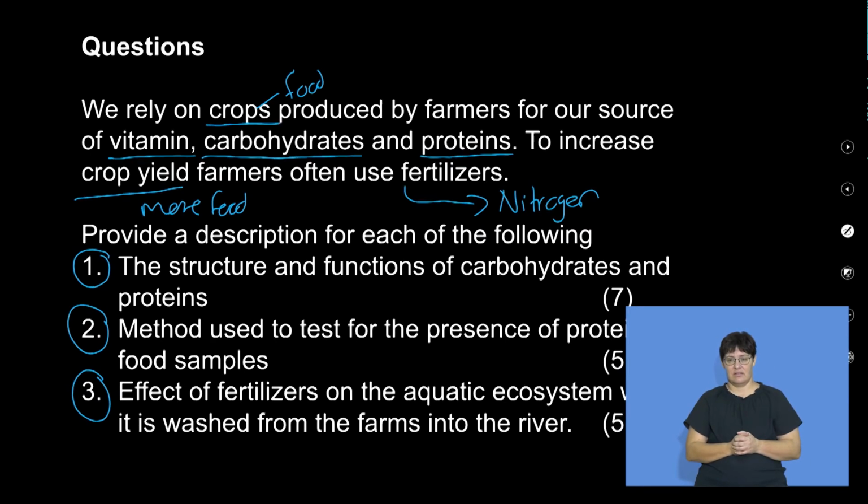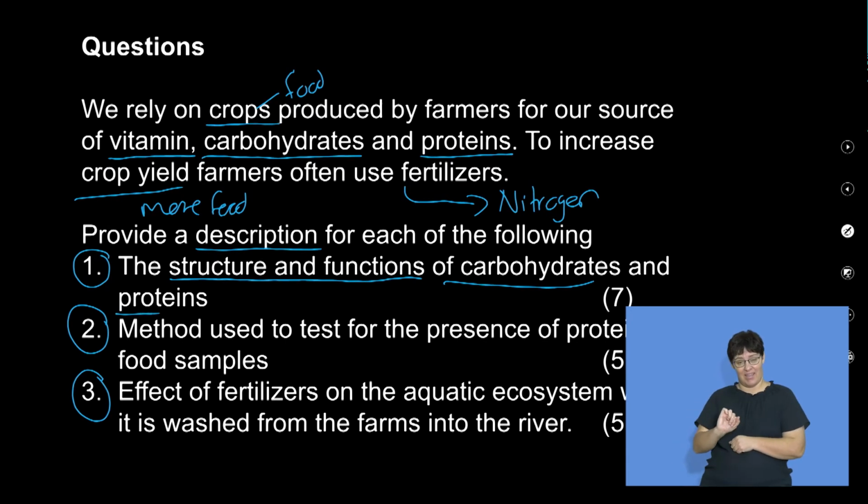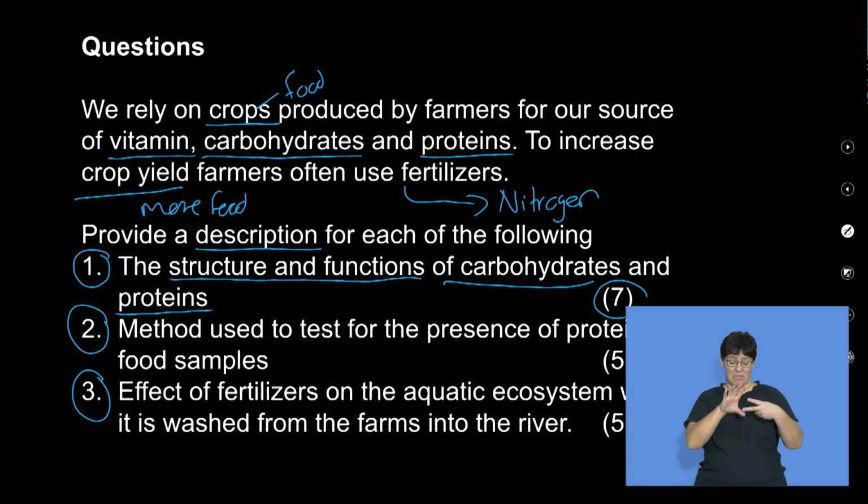The first part asks you to describe the structure and function of carbohydrates and proteins. That is quite a large section of work. They're only asking for a maximum of 7, but you're going to put as much information as you can there.